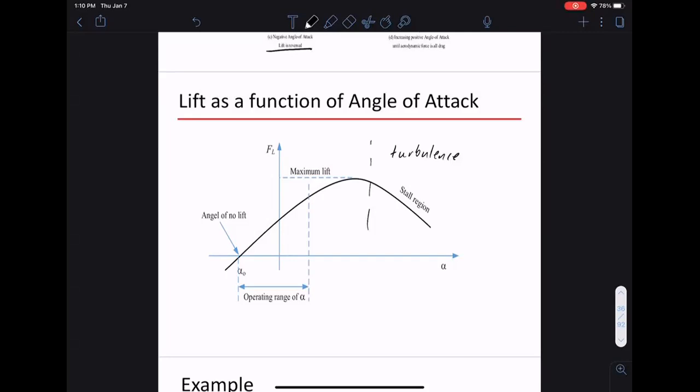You're worried that if you're too close to the maximum and the wind direction changes a little bit, it will push you over to the stall region, the turbulence region. So if you have very good sensors, if you know the direction the wind is coming in, and you can pitch the blade fairly quickly, then you can be closer to the maximum lift region.